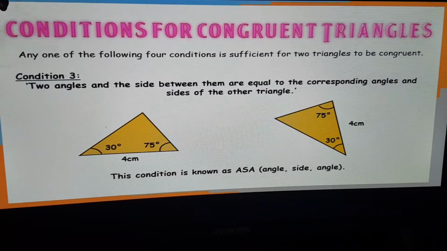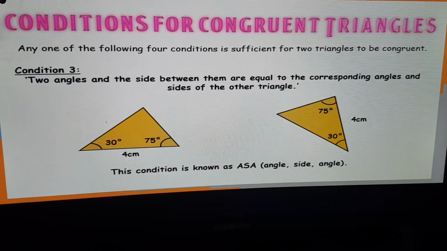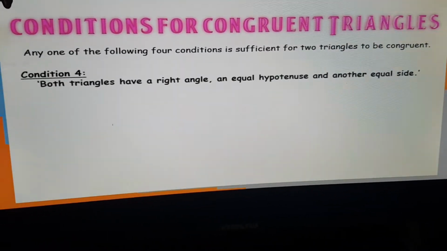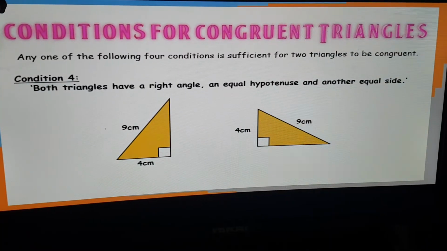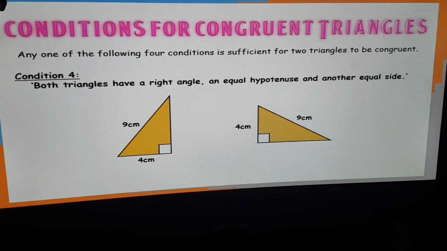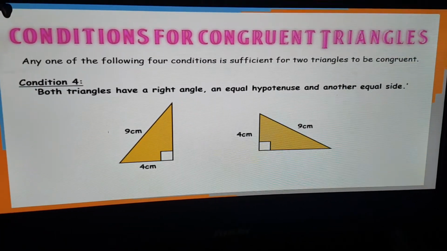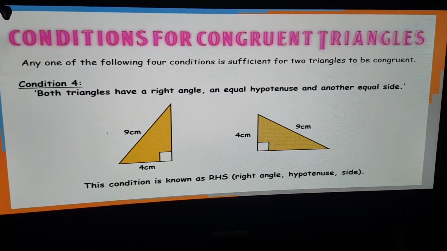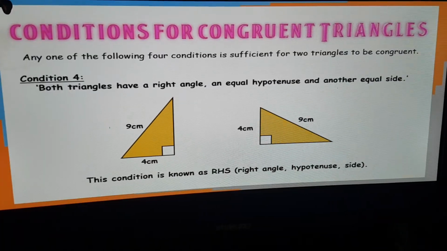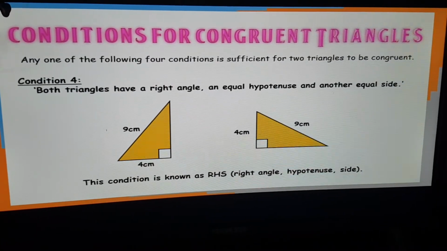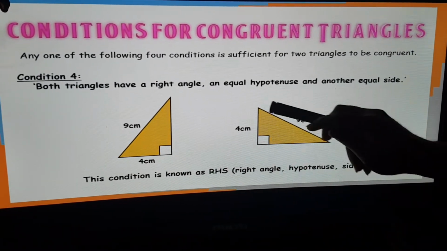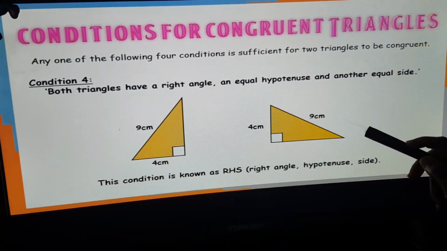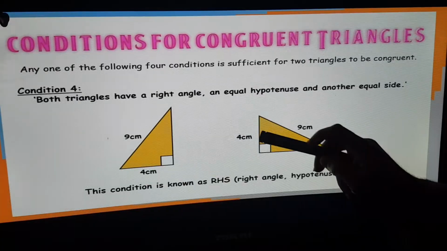Now we're moving on to the fourth condition for congruency, and it states that both triangles have a right angle, an equal hypotenuse, and another equal side. In this case the right angle is involved, so there's a right angle, an equal hypotenuse, which is the longest side of the triangle, and another equal side.